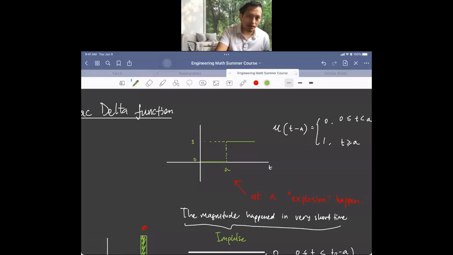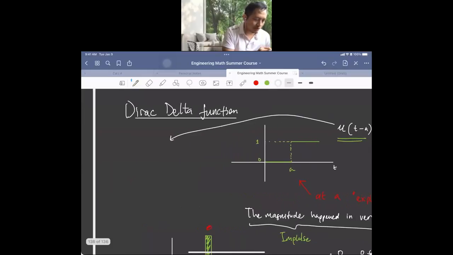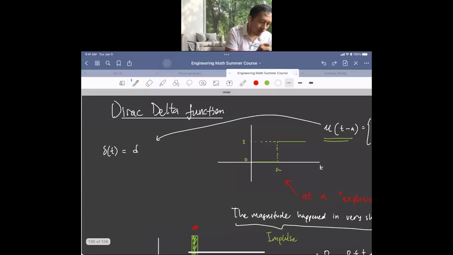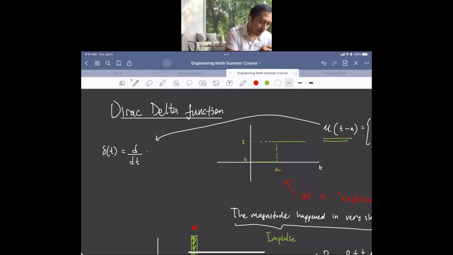From the Heaviside, if you want to connect with our delta function, delta t is actually the derivative of the Heaviside.